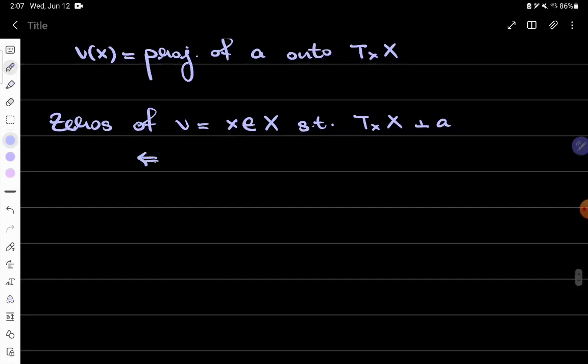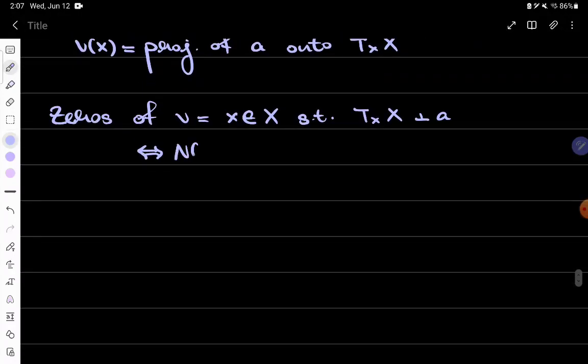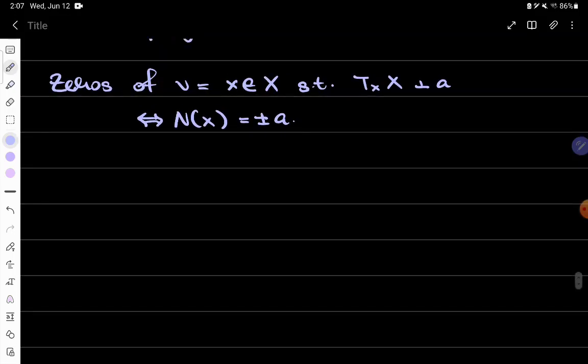But this is equivalent to saying that these are exactly the points for which n of x equals plus minus A. So the zeros of this vector field are exactly those points that map to these antipodal regular values.